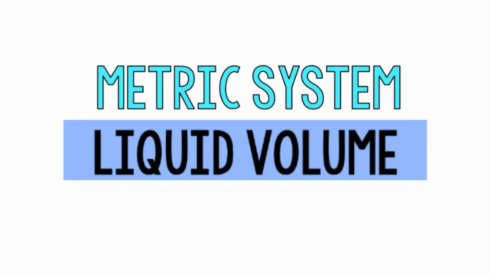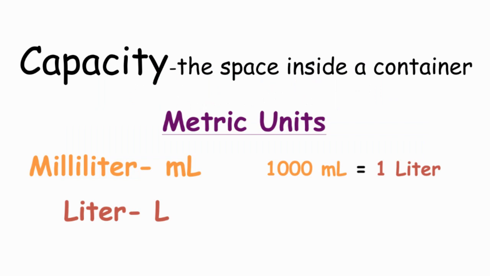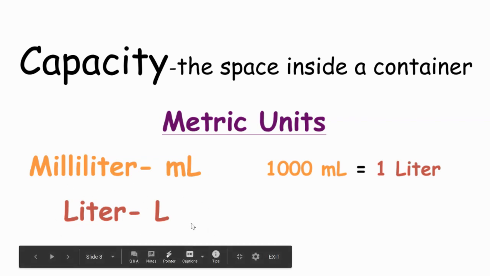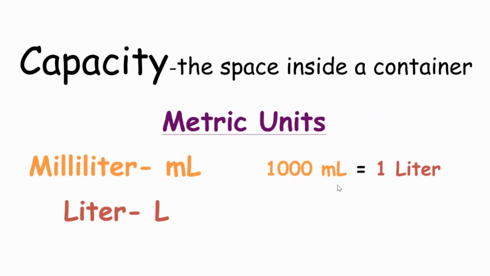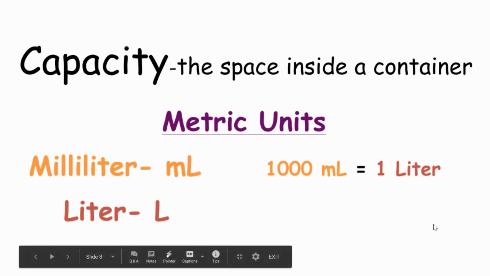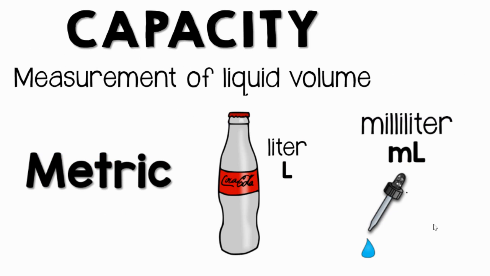Now let's look at the metric system of liquid volume. Again, capacity is the space inside of a container, and our metric units are milliliter and liter. And the conversion for that is that there are 1,000 milliliters in 1 liter. Here are some examples of the metric system units for capacity.